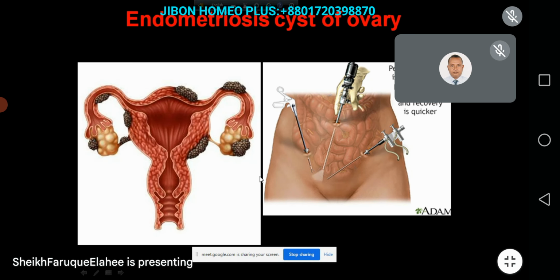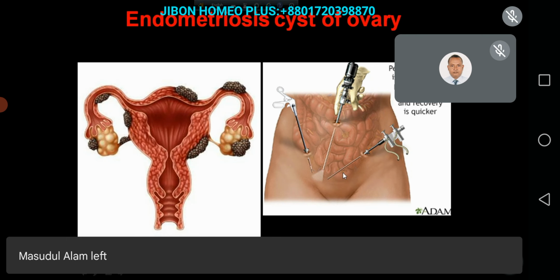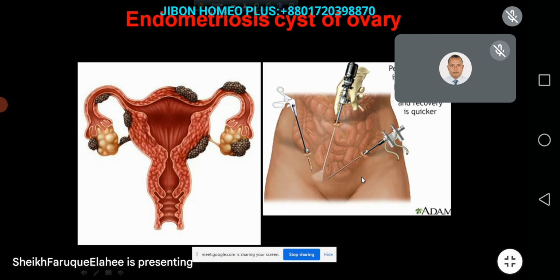So what is the treatment in conventional medicine? What they do, you see, is called laparoscopy. They will make a laparoscopy. They will send 3 or 4 metallic tubes like this, and they will do the operation.